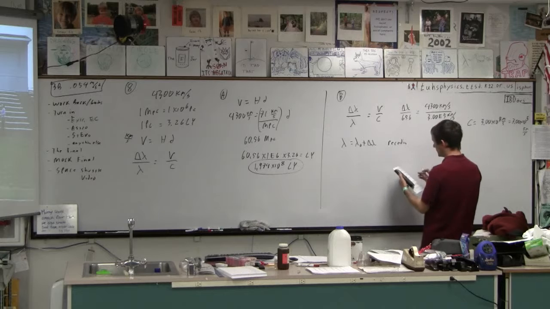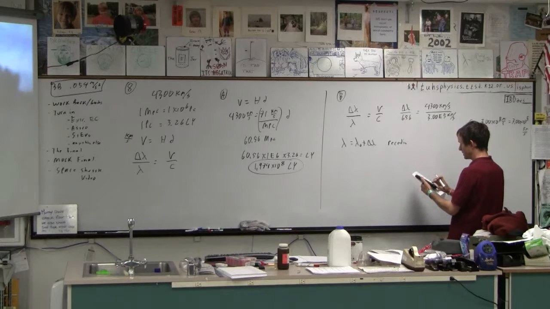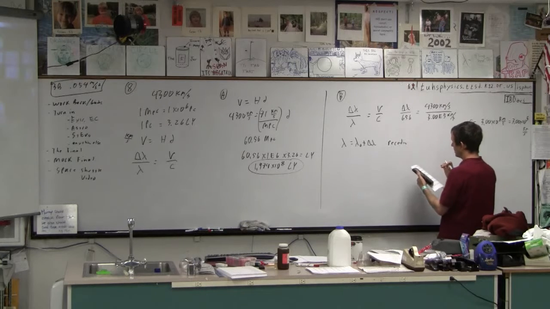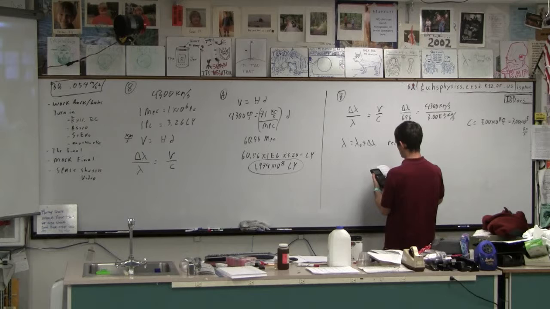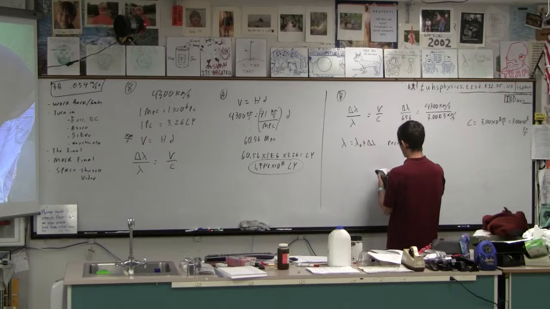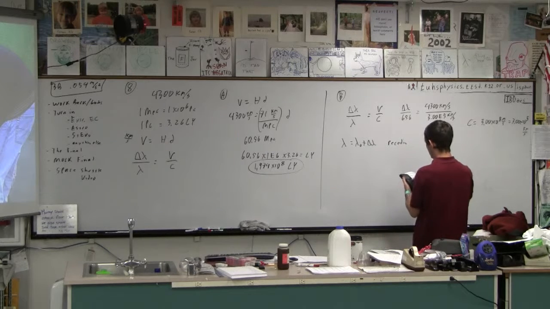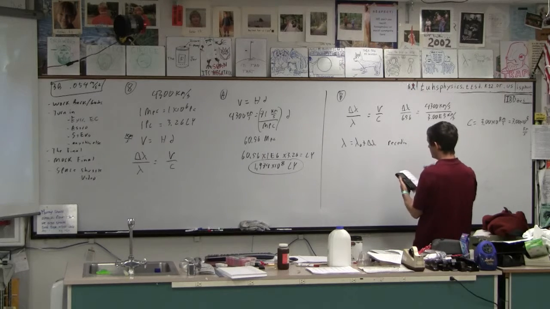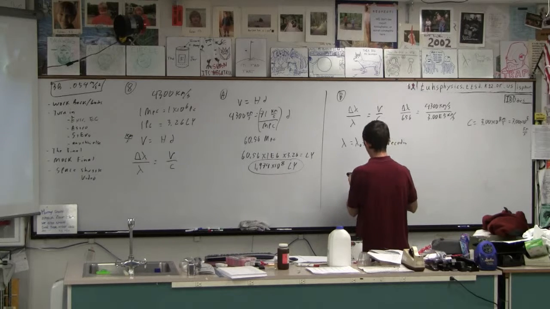Okay. So now I'm all set. I'm going to go 656 divided by 4,300 divided by 3e5. Enter. And I get... Okay, hold on. Definitely got the wrong answer. I forgot to times it. Okay, here we go. 656 times 4300 divided by 3e5.